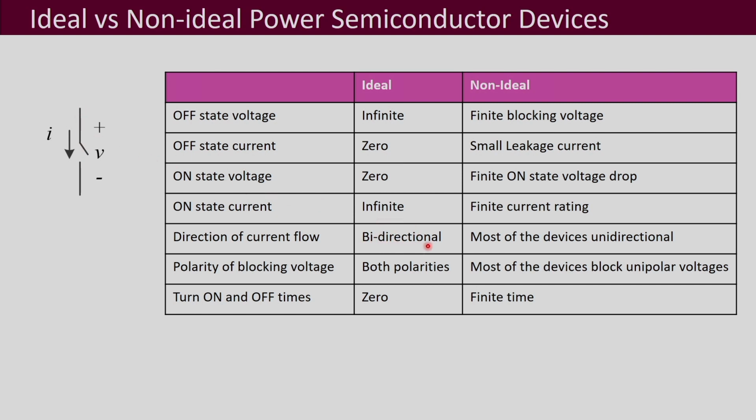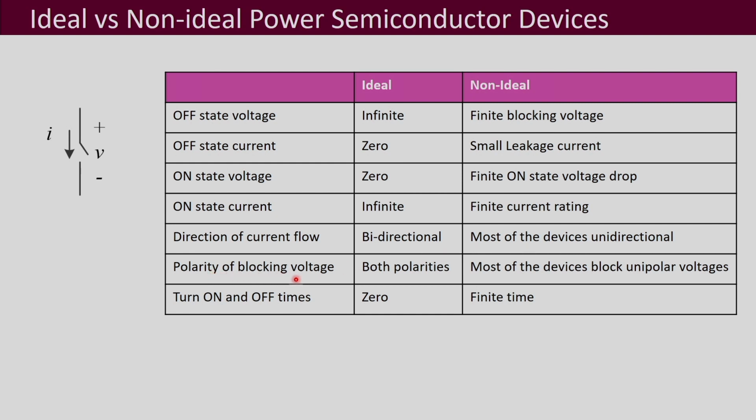So, we assume it to be bidirectional ideally, but most of the devices carry current in one direction. When we consider the practical devices, most of them are unidirectional, that means they allow the flow of current only in one direction. I am not saying all of them are unidirectional, there are devices which can allow current in both directions as well, but many of them are unidirectional.